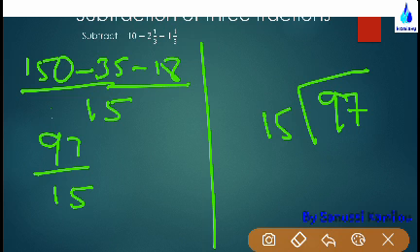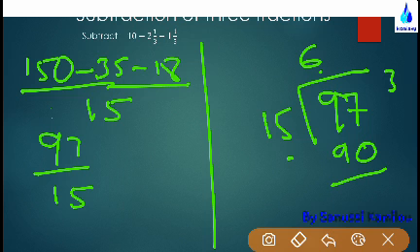How many times will 15 go into 97? If I choose 6, 6 times 5 will give me 30, carry 1. 6 times 1 will give me 6 plus 3, 9. So I'm getting 90, remainder 7.